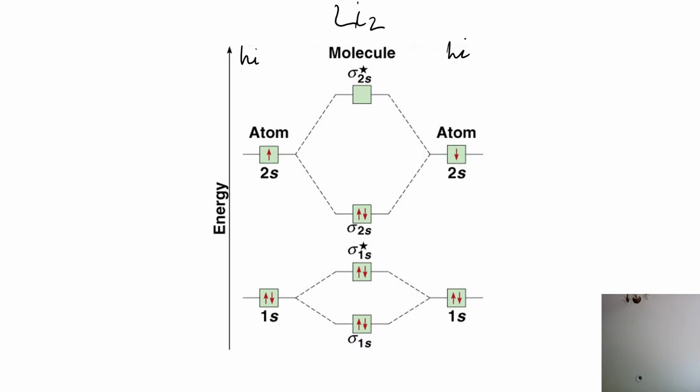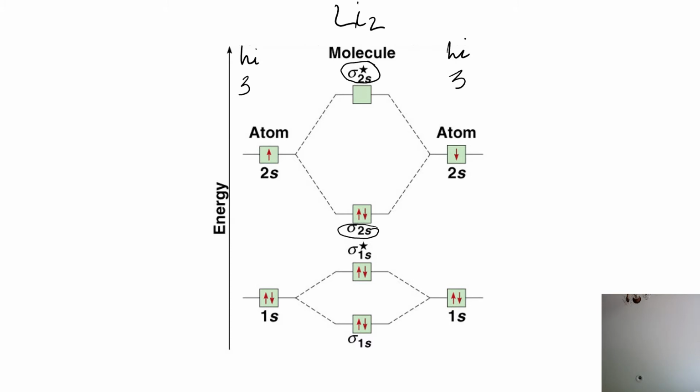We combine our 2s orbitals to form the sigma bonding 2s and the antibonding sigma 2s. Okay, so we have 3 electrons here, so we have a total of 6 electrons we need to distribute in our molecular orbital diagram.